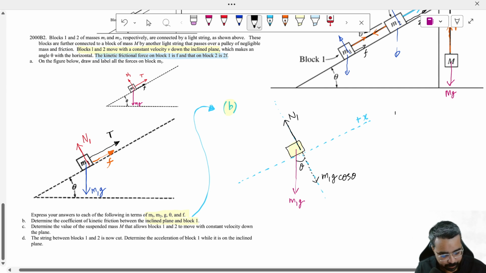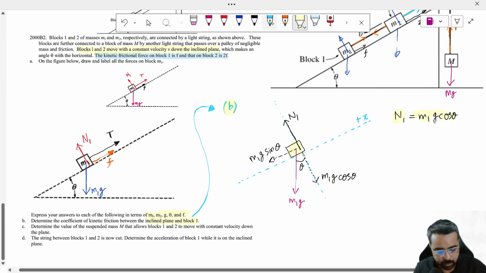So we can say the normal force N1 equals m1g cos theta. The other component equals m1g sin theta, and that is equal to the forces in the opposite direction. Right now we are only concerned about this.